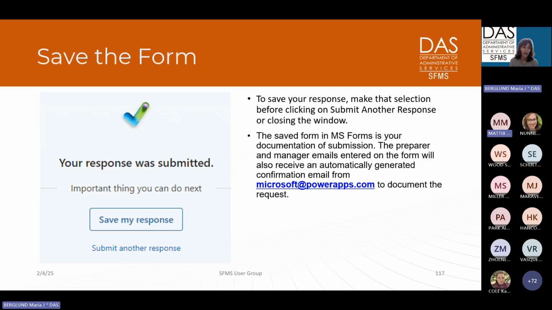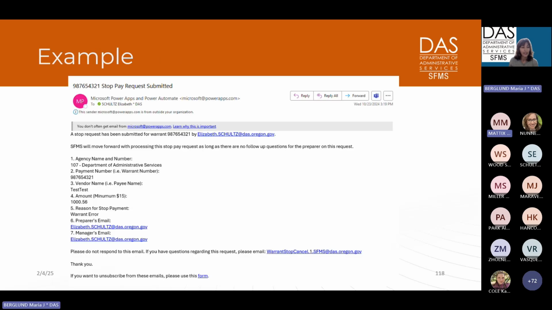But we encourage managers or supervisors to review the notifications to make sure the amount and the warrant number submitted are correct. When there is an issue with any of that information, I have to go back, and sometimes it takes a day or so to correct requests, which causes a delay. And if it is a large amount, you risk the warrant being redeemed in that time. Here is an example of the notification you will receive.